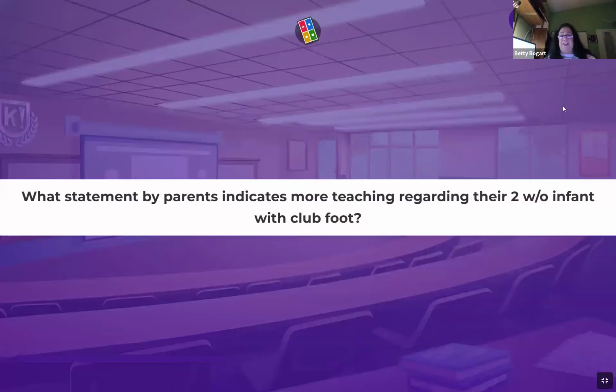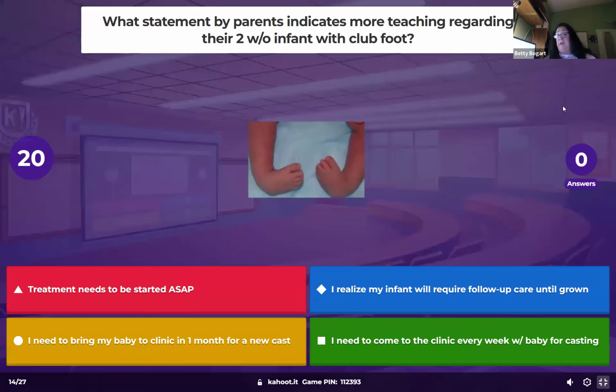What statement by parents indicates more teaching is needed regarding their 2-month-old infant with club foot or feet? Which one here is wrong?